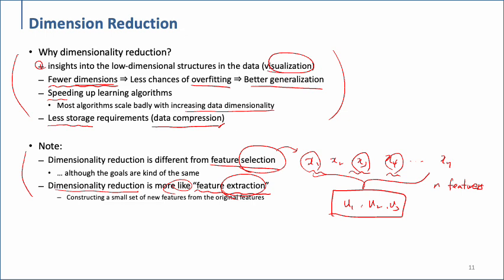And by using this, you can reduce the dimension, and that is a kind of feature extraction. So here you should note the difference between feature selection and feature extraction, and dimension reduction is more like feature extraction instead of feature selection.